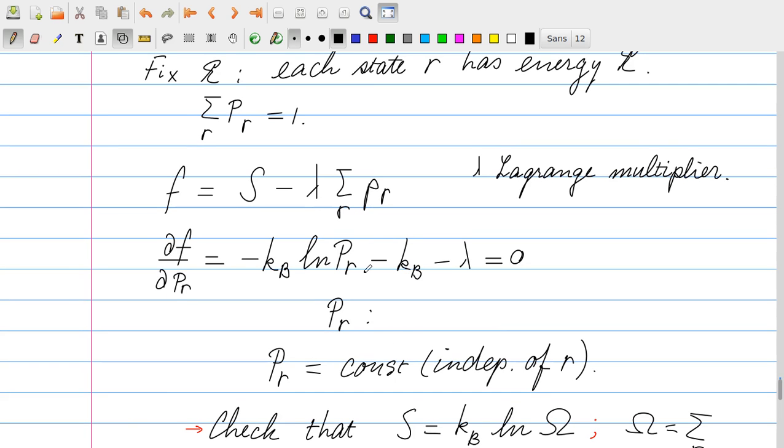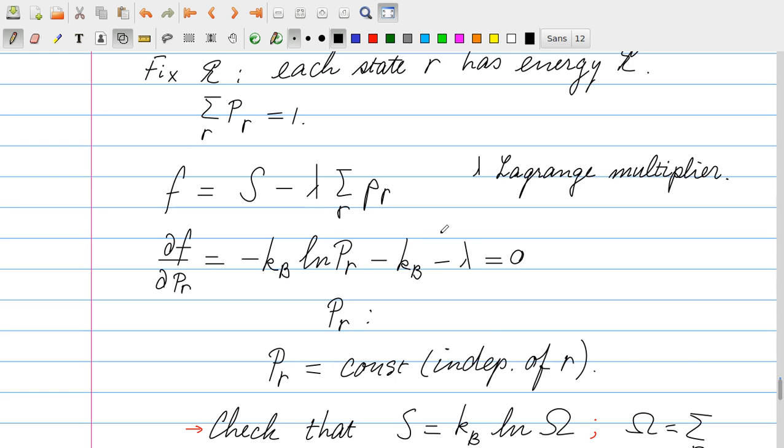And so what we can conclude now is that the PR is something, but what is important is that the kb and the lambda do not depend on r, which means that for each r we find the same number, and so the PR is a constant which is independent of r.